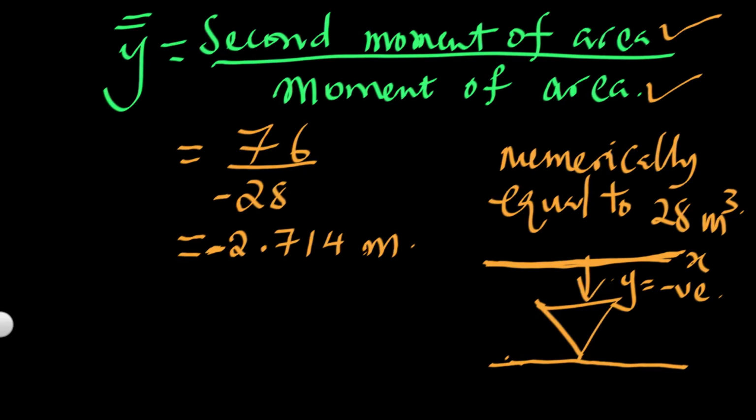So someone might ask, why is it that our second moment of area is positive? Our second moment of area is positive because it is r squared, the distance, times a. This is the second moment of area, r squared times a. So no matter the sign of your r, it is going to be squared.